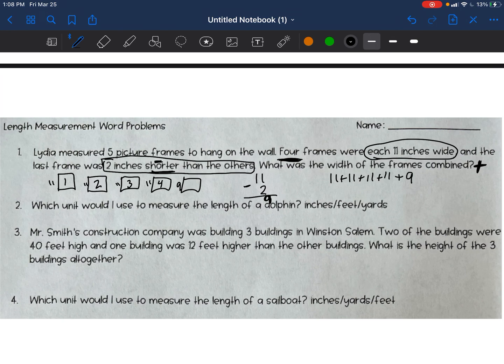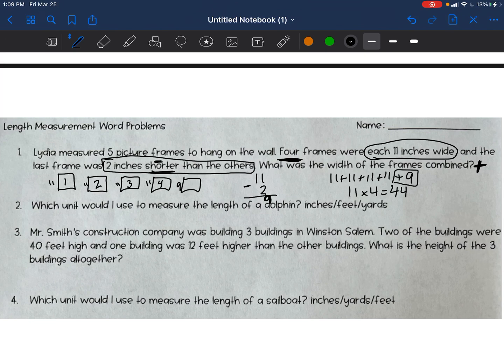Okay, so how many 11s are we adding? 4. So what that could look like is you adding up 11 plus 11 plus 11 plus 11, or doing 11 times 4. What is 11 times 4? 44. Good job. And then we still have this plus 9 right here. We still have to do something with that. We can't just leave that out.